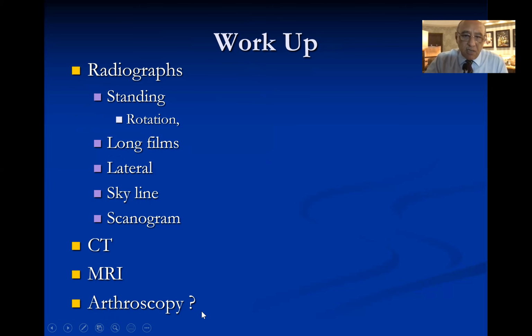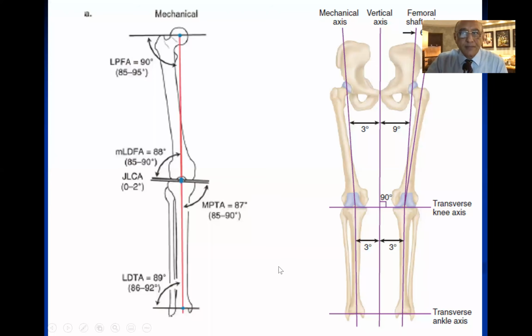What about arthroscopy? Arthroscopy is commonly done before doing the osteotomy for internal derangement, classification, debridement, and adjuvant treatment if it is to be done with the upper tibial osteotomy.